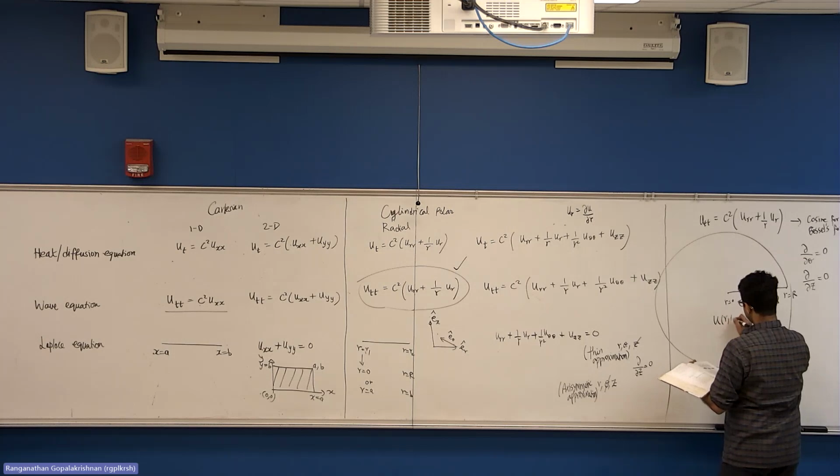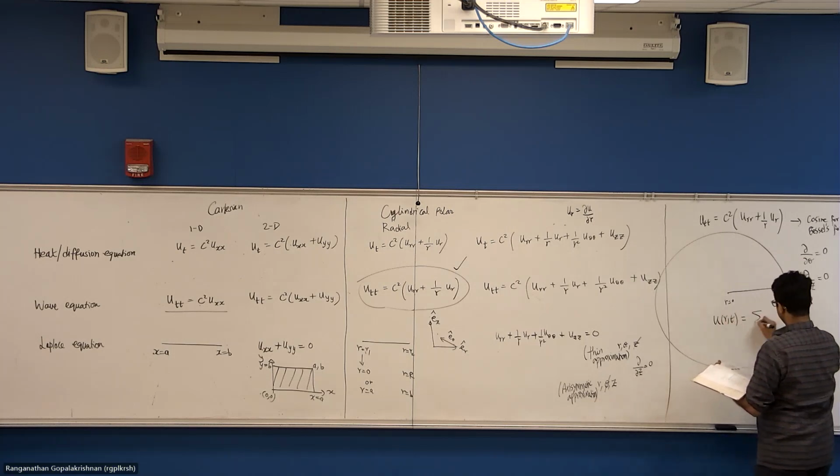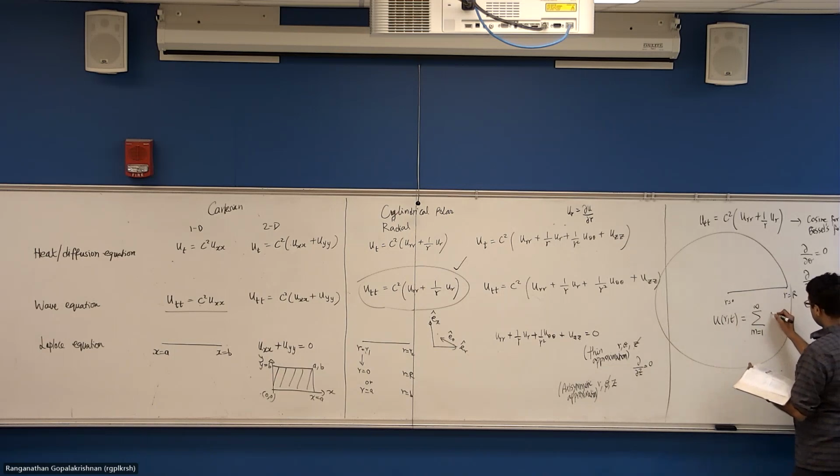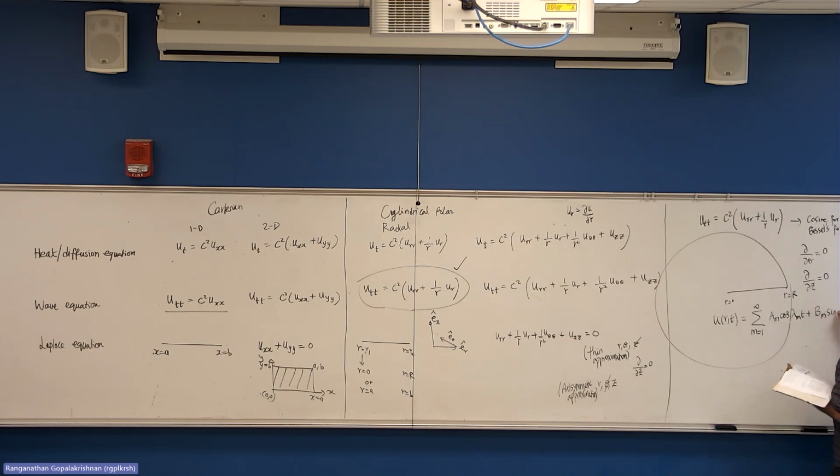U of r comma t equals the sum of a_m cos lambda_m t plus b_m sin lambda_m t, multiplied by J naught of alpha_m over R multiplied by r.